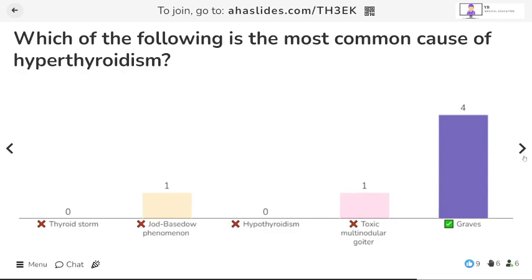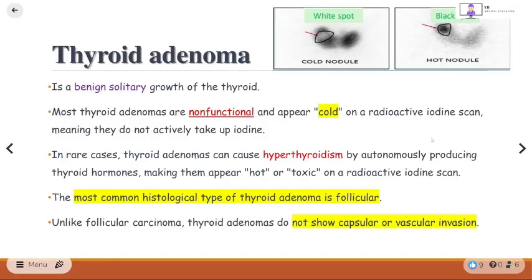Okay, the most common cause is Graves. So a thyroid adenoma is basically instead of being cancer, it's adenoma. It means one cell started to divide, just one cell. So it's a neoplasm, but it's benign and solitary.